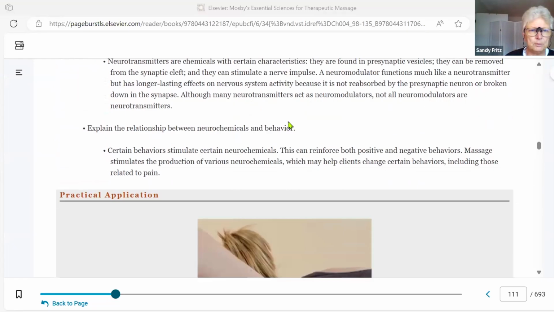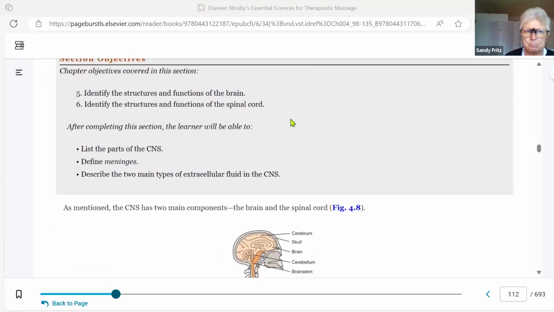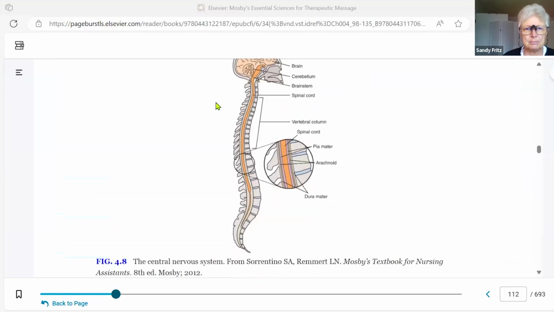Okay, review what you have learned. And then we're going to get into primarily some anatomy here of the central nervous system.